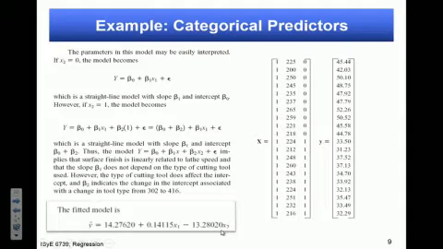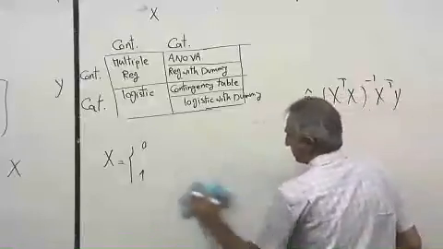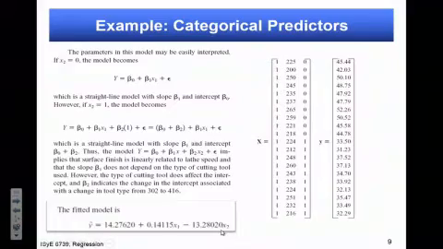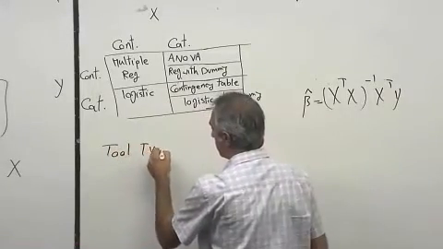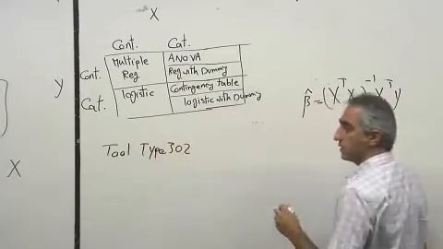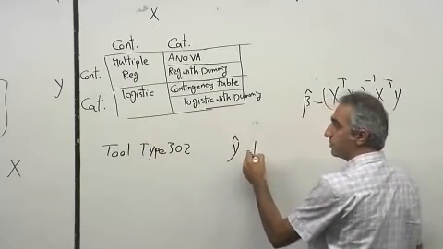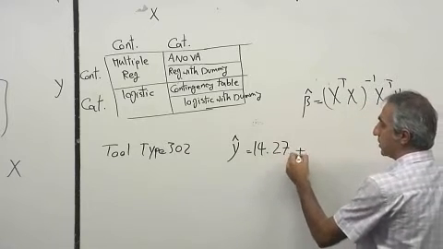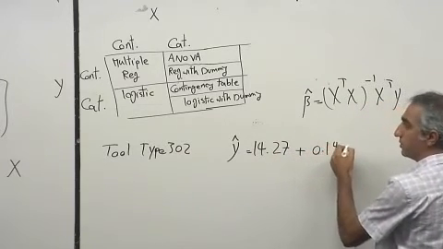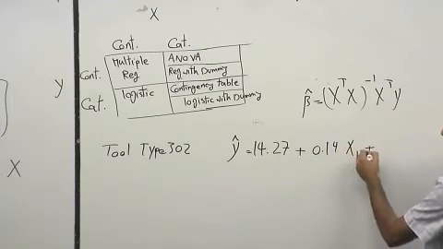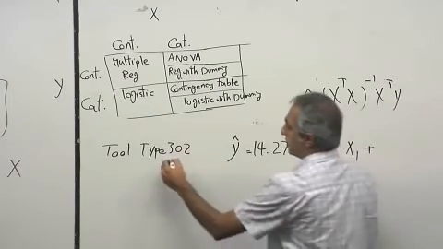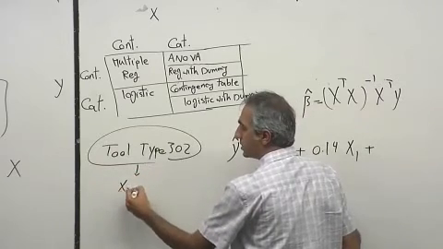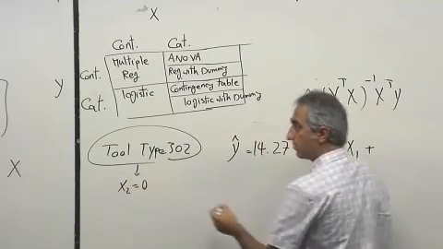Okay? So what does it mean? Let's say we are using tool type 302. In this case, your Y hat would be 4.27 plus 0.14 X1 plus, so what is X2 associated with this? It is 0.